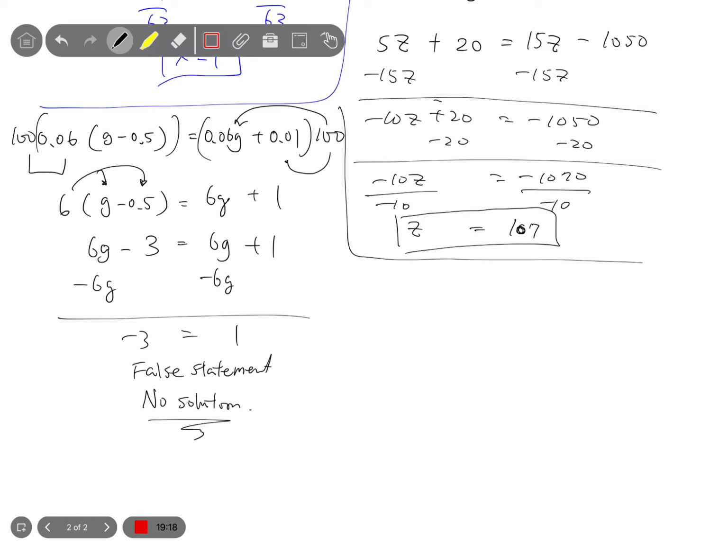Okay. So this problem is a doozy, right? We ended up with no solution, but the process of getting to no solution is by multiplying both sides by 100, right, to clear out the decimal points, just because the decimal point makes things a little bit messy.